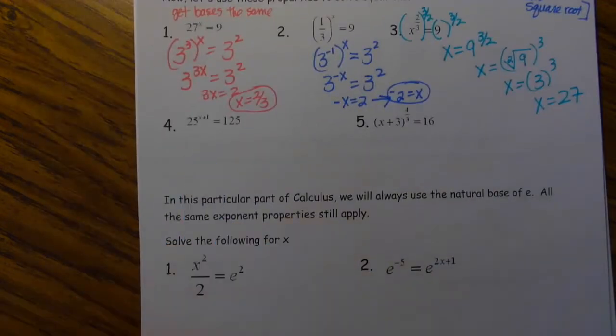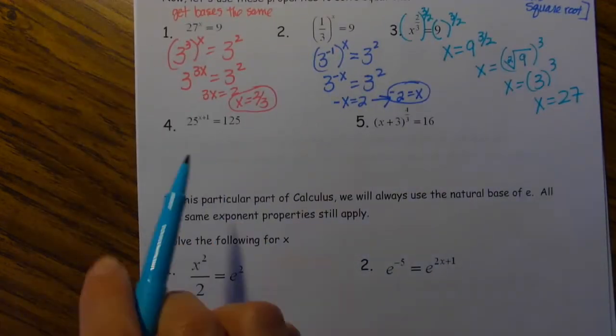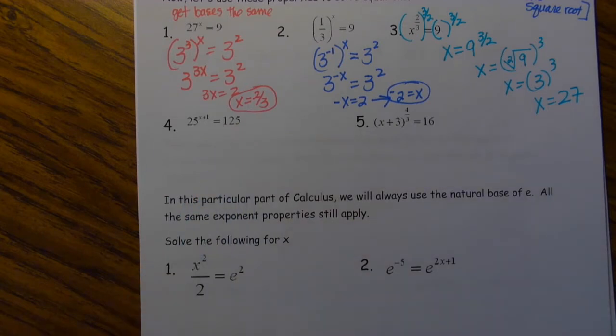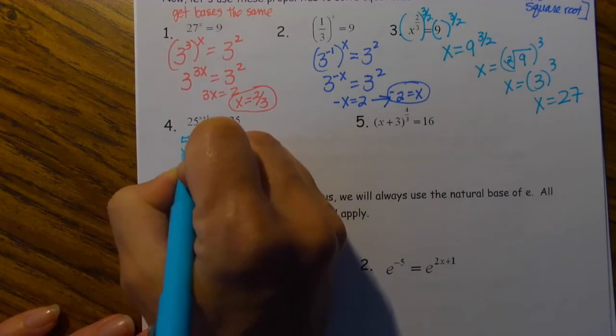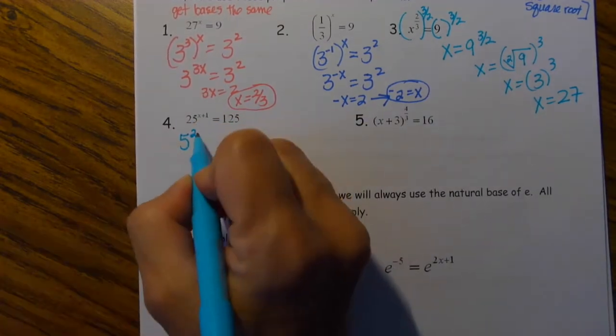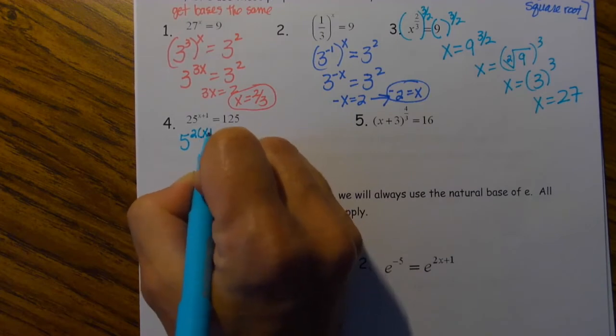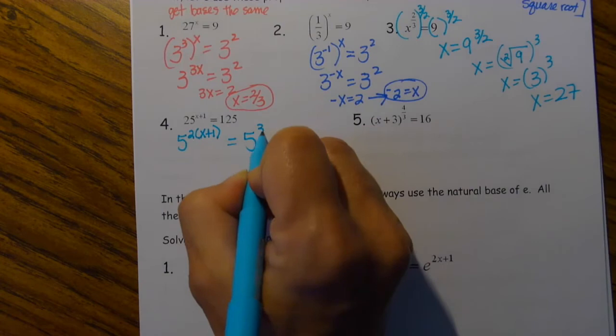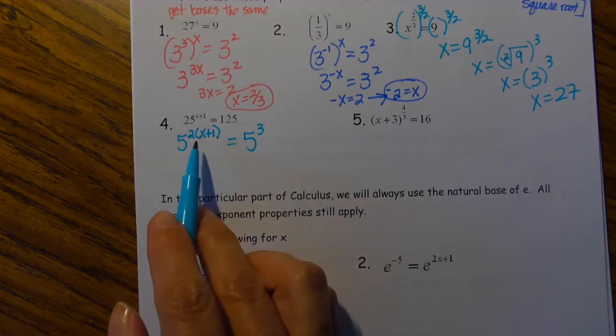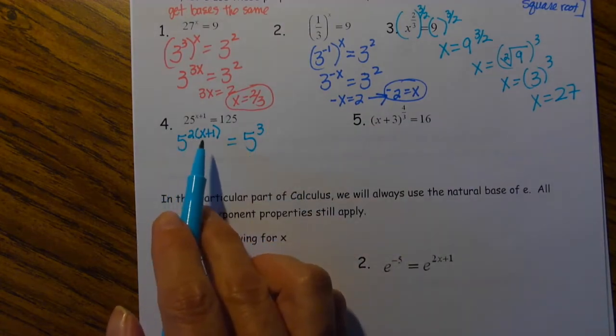All right. What do you think we're going to do with this one? What would be the common base for 25 and 125? 5. So I'm going to say 25 is 5 squared. Now, once you write that, don't forget parentheses. 125 is 5 cubed. If you forget parentheses here, you'll end up with 2x plus 1.